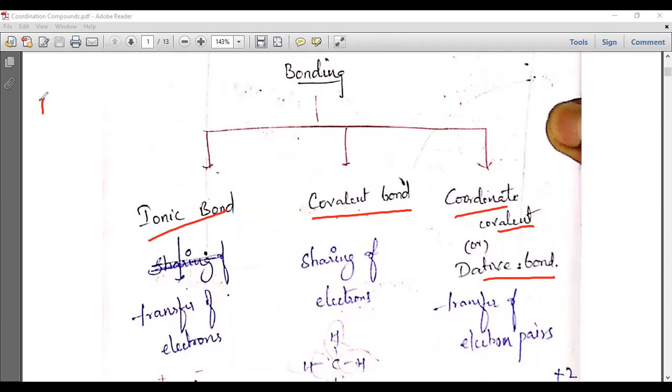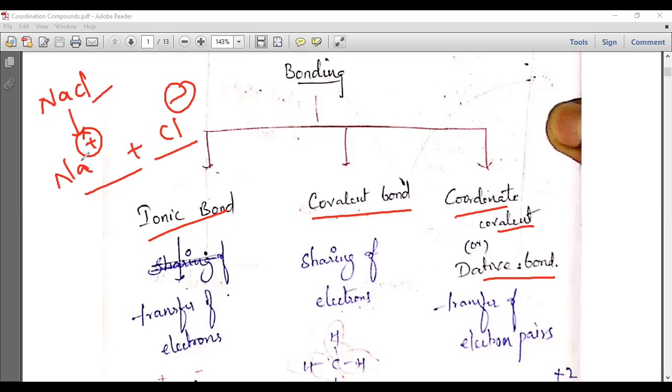You know NaCl. Let us take NaCl, which is an ionic compound. NaCl can be ionized to produce Na+ and Cl-. These are two ions generated from NaCl.